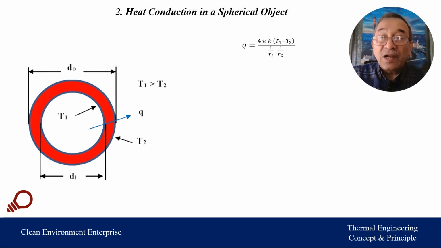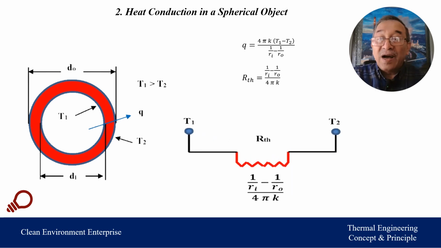That is the total temperature difference divided by R thermal. And R thermal for the sphere is equal to 1 over Ri minus 1 over R naught, the total value divided by 4 pi k.